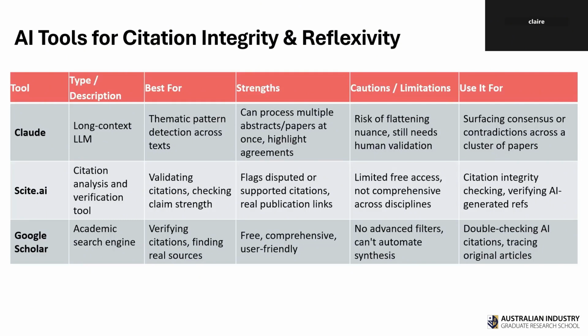So with Scite, it shows how a citation is used. It shows how a citation is supported, and how a citation might be contradicted, or that a citation is mentioned. Google Scholar is actually incredibly handy, but that only shows us citation count, so it doesn't actually show us anything else.